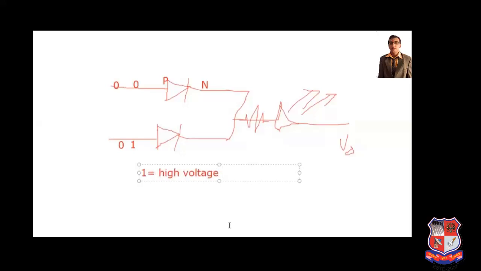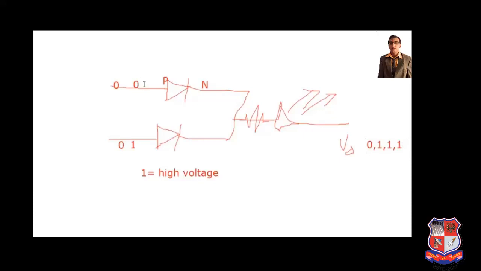So due to the presence of high voltage, we can get sufficient voltage here. So glowing the LED is possible here. So we can get the maximum voltage here. So output is 1. In the first case output is 0, second case output is 1, third case output is also 1, and fourth case also output 1.